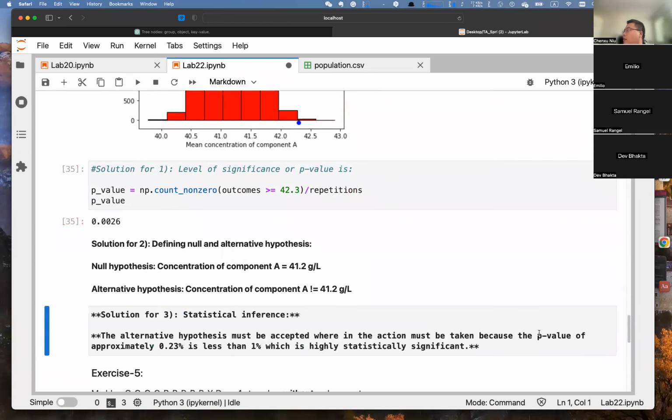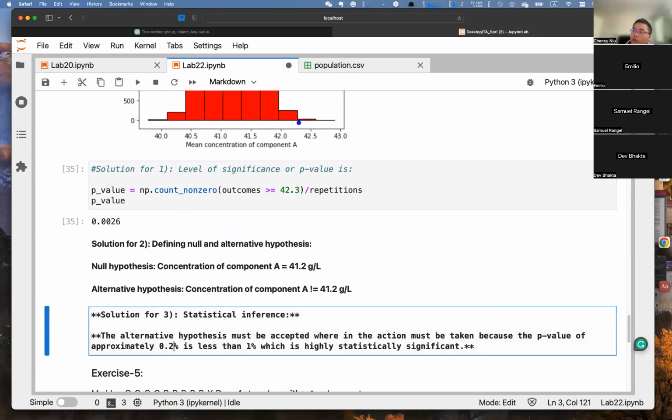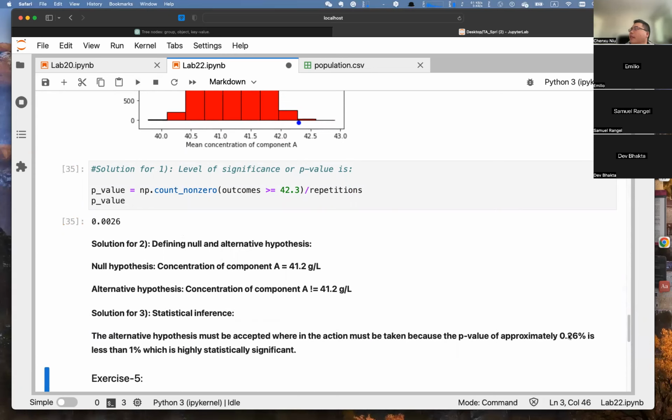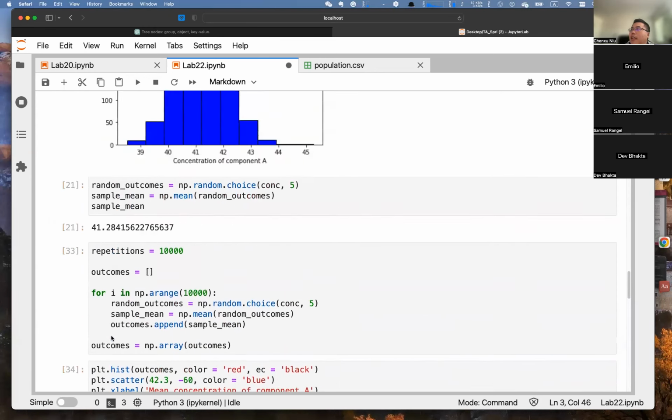Here it is 0.26, but on your own computer, it would be different, right? But they are all smaller than 1%, so it's highly statistically significant. So we need to accept the alternative hypothesis. It's about the hypothesis testing.